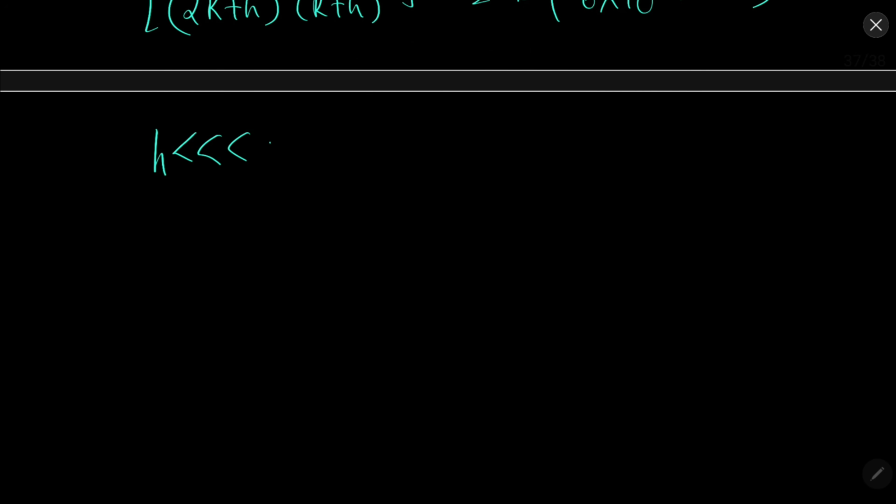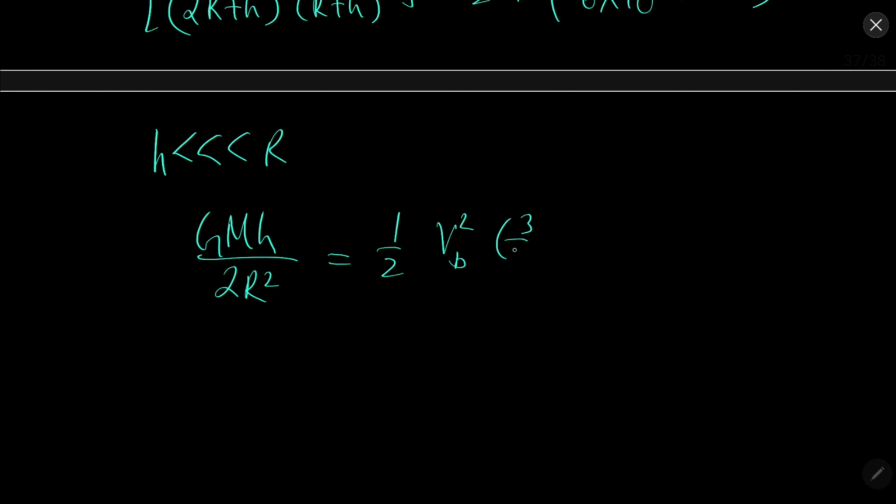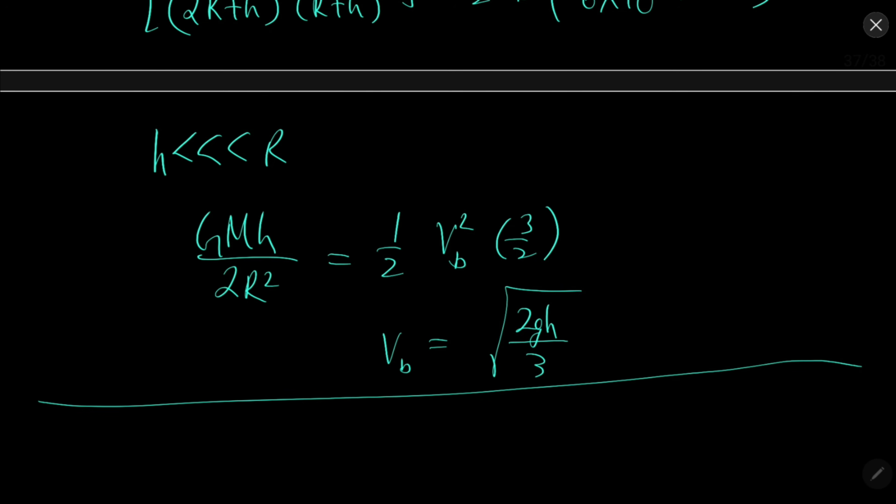As h is much smaller than r, it can be neglected. So GMh over 2r square equals half v square times b 3 by 2. So vb will be equal to root of 2gh over 3.